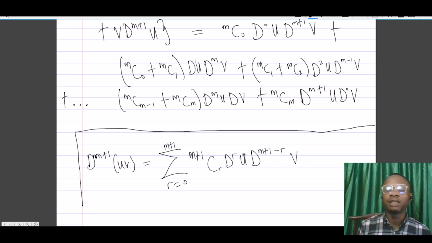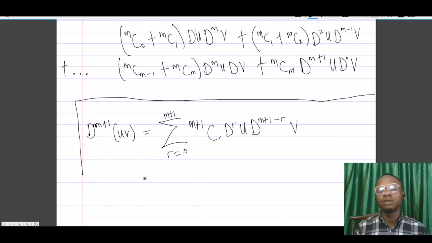So this is what we expect this expression to be. Meaning that if we go this way, the first term will be (m+1) combination 0, and this one will now be the 0 u, and it will be the (m+1) v.